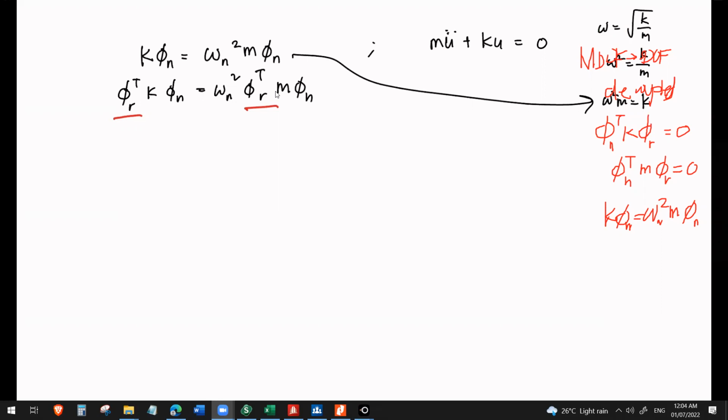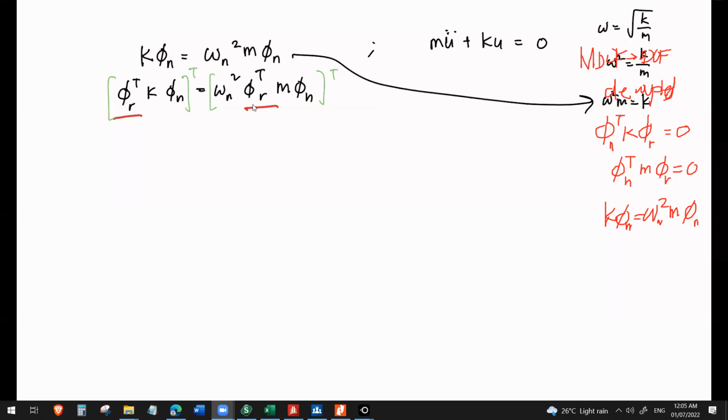Then we take the transpose of both sides of the equation. So we will put the bracket here, then transpose them. Now remember, a property of matrices: when you transpose a product, the matrices switch positions.